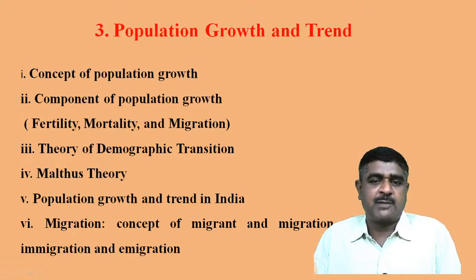In 1853 Notestein put forth this theory in America, but till today this theory has immense importance in the world, and we'll see details of the demographic transition theory in this topic.